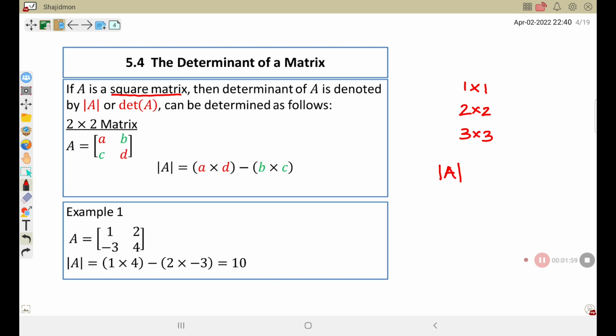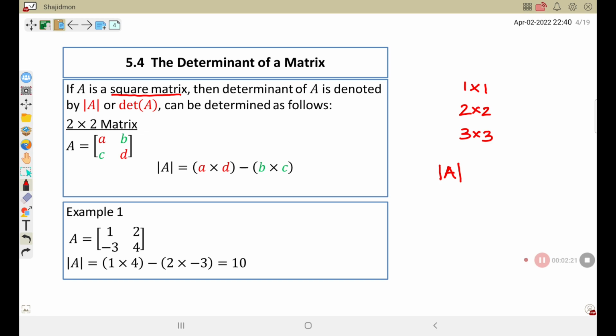Here I am only discussing 2 by 2 matrices in this video. For example, a 2 by 2 matrix A equal to the matrix with entries a, b, c and d.